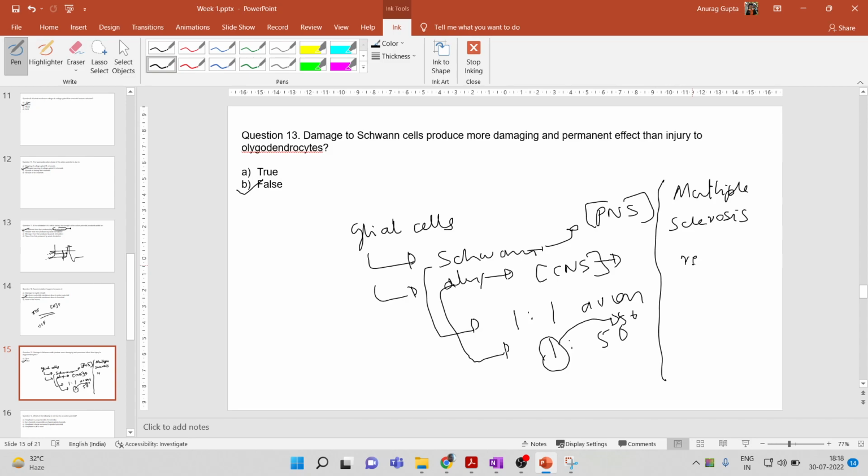And also, after a certain amount of time, remyelination stops. And when this is reached, the first symptoms of multiple sclerosis start to appear, and by that time it's already too late for a recovery to happen. And the only thing that can be done is to manage the symptoms. Okay, so the answer is false.